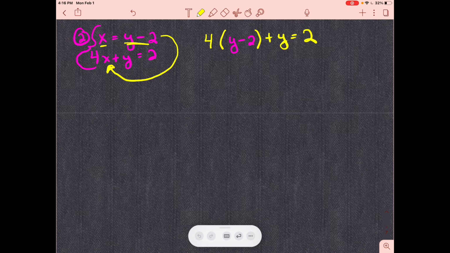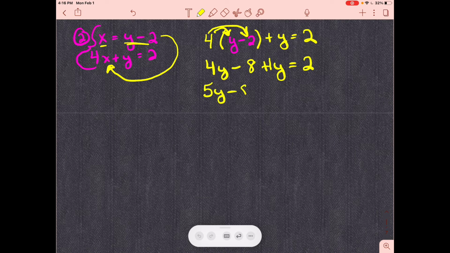I need to use the distributive property. 4y minus 8 plus y equals 2. So 4y plus 1y gives me 5y. And then I'm going to add 8 to both sides.